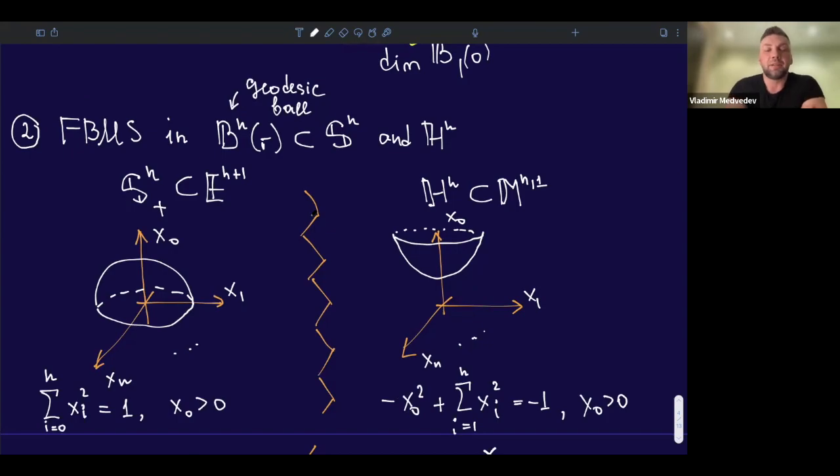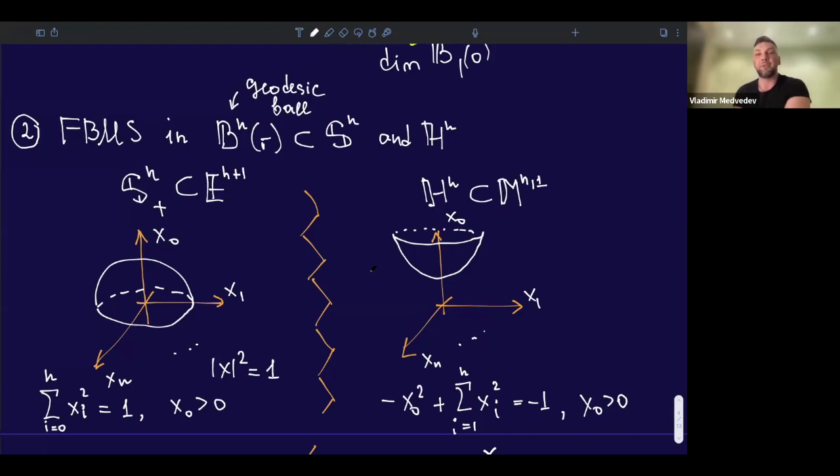Actually, I'm going to consider only half of our sphere, the upper half sphere, which is going to be a subspace in the n+1 dimensional Euclidean space. It is given by the formula that the sum of the coordinates x_i squared equals 1. It is nothing but the length of the radius vector equals 1.